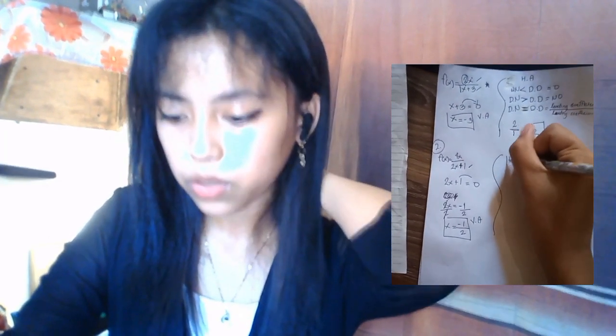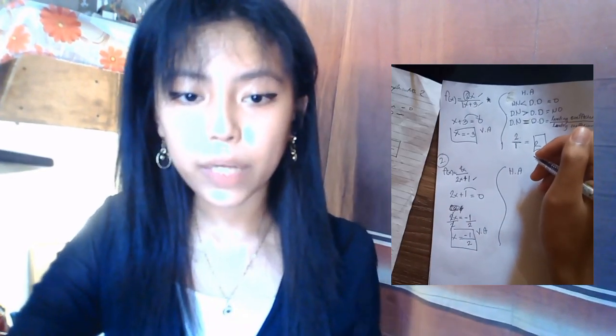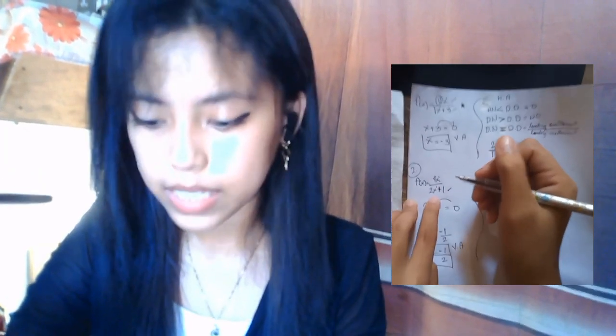Now, again, we proceed to finding the horizontal asymptote. Remember the three statements that I told you just now? Here in our example, again, the degree of our denominator and the degree of our numerator are the same. See?